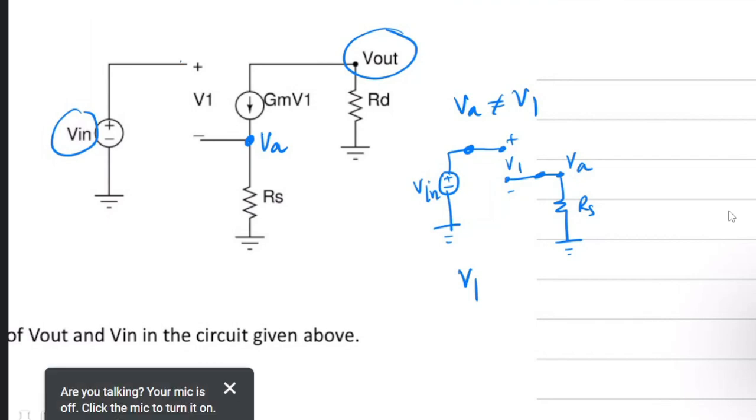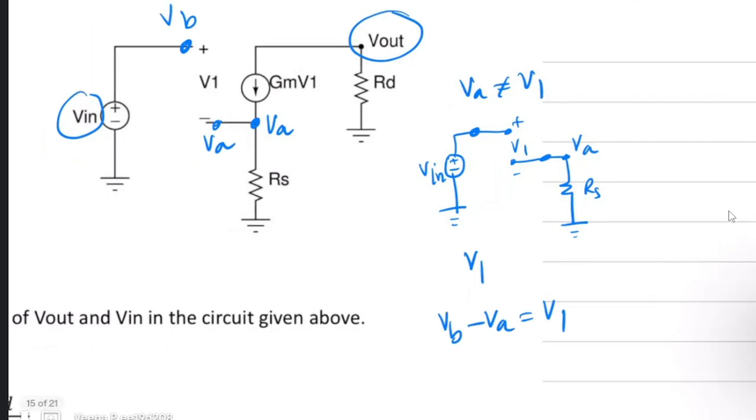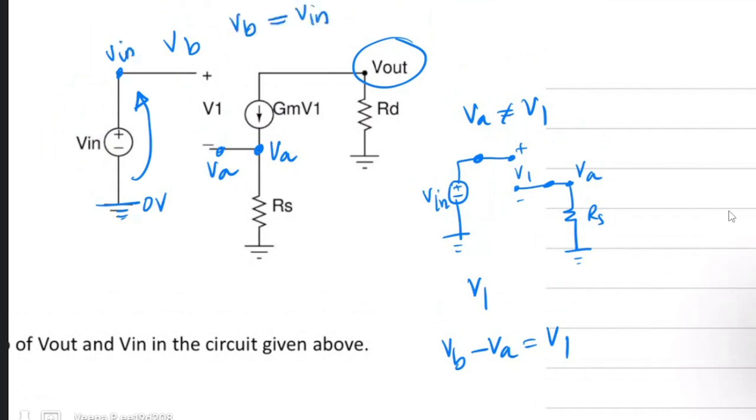If this node is B, then VB minus VA is your V1. This point is grounded, which is 0 volts, and there is a potential rise of V in, so VB is equal to V in.